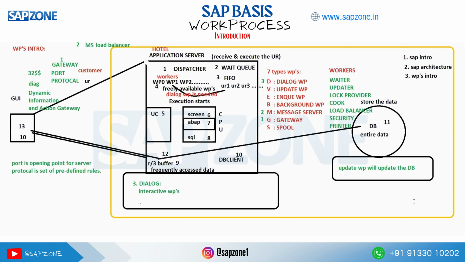He doesn't even say please update, but he just tells table number 10, this is the order we have given. Table number 20, this is the order we have given. Immediately what will the updater do? He will update the system. The update work process's work is to update the database. That's it.